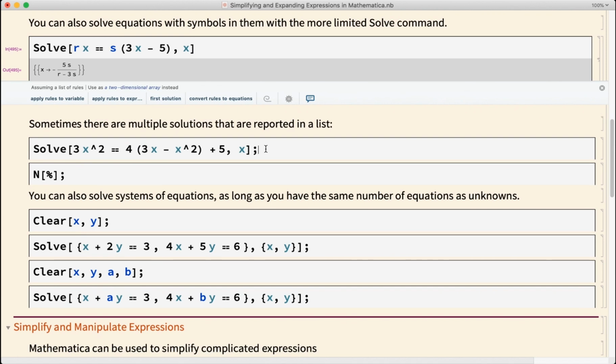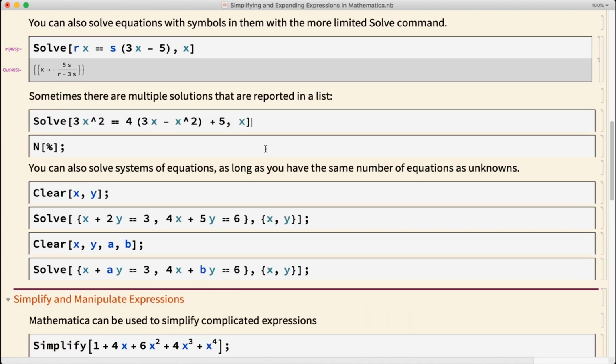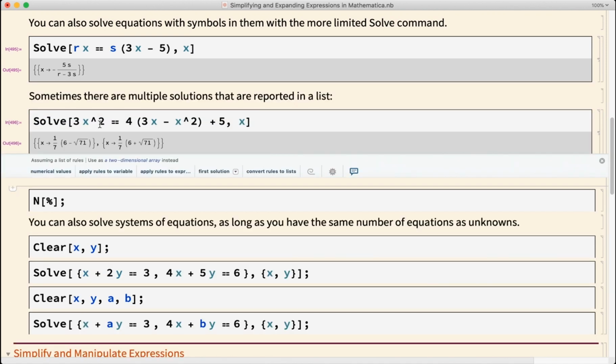Here's an example where these two things can be equal to each other for several values of x. So here it's giving you two possible solutions, basically a plus or minus situation inside the parentheses. This is a case where you'd want to just pick one solution or the other.